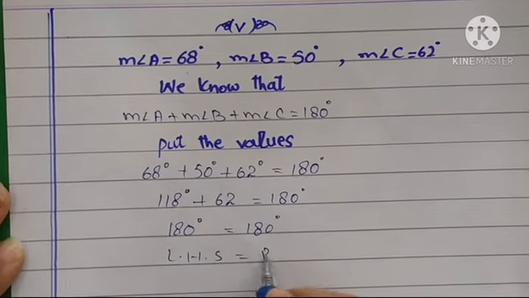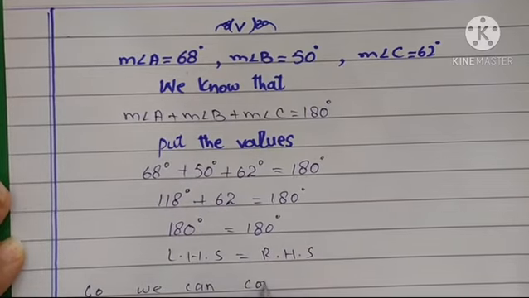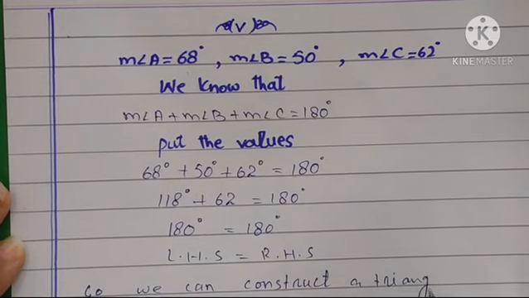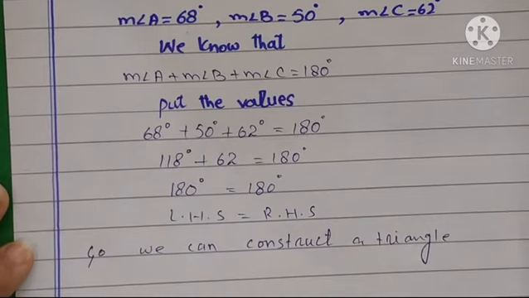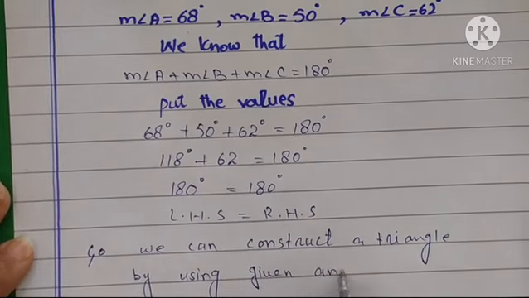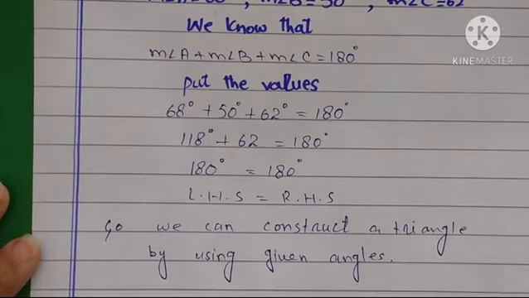Left hand side is equal to right hand side. So we can construct a triangle by using the given angles. Clear, students?